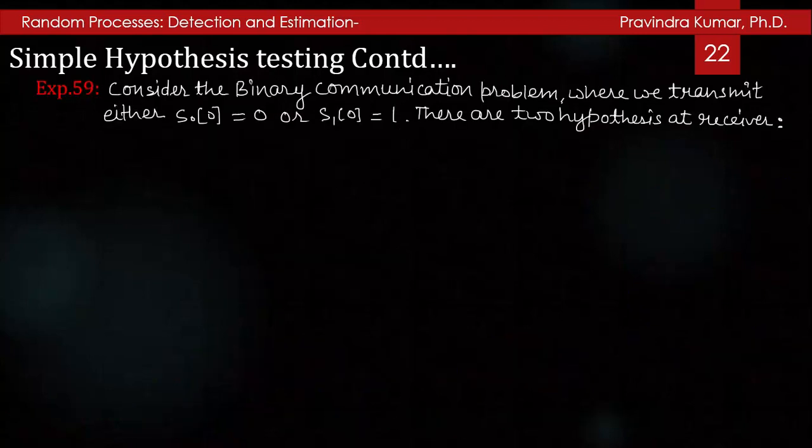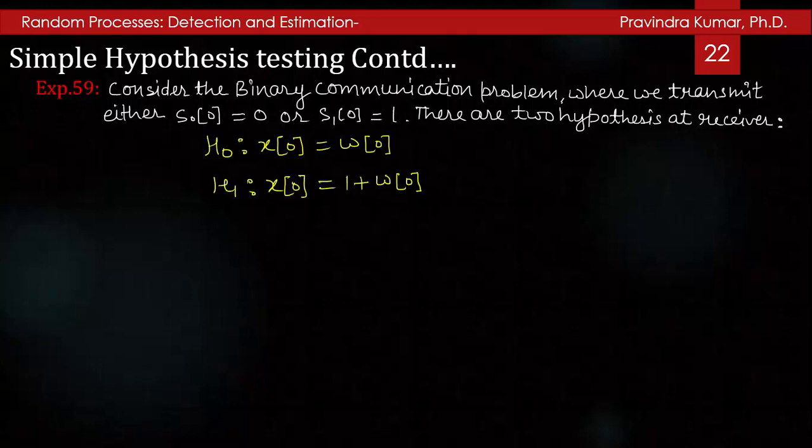Now consider another example. Consider the binary communication problem where we transmit either S0 0 is equal to 0 and S1 0 is equal to 1. There are two hypotheses at the receiver.